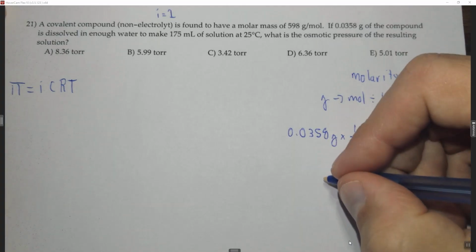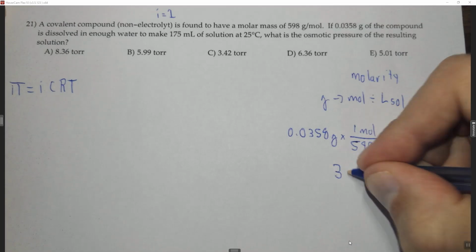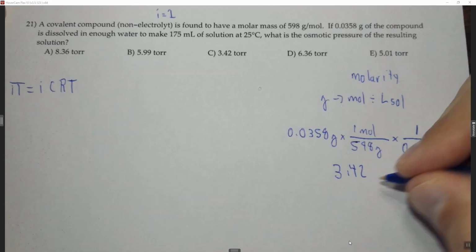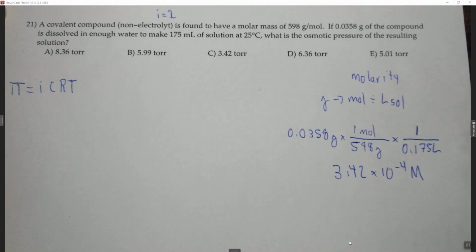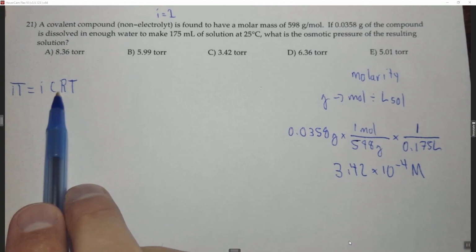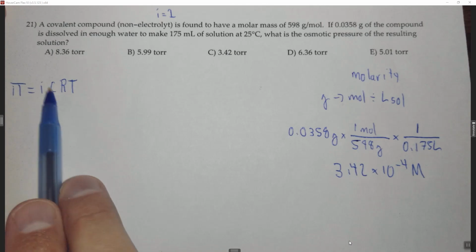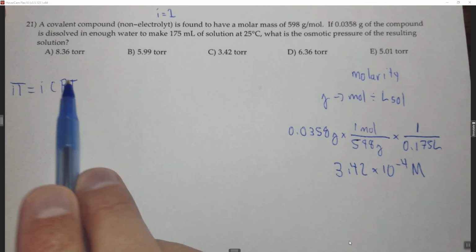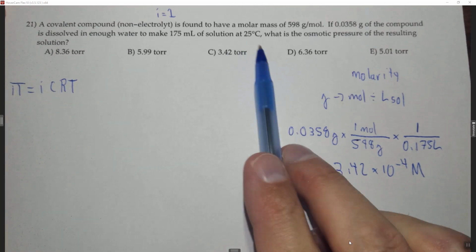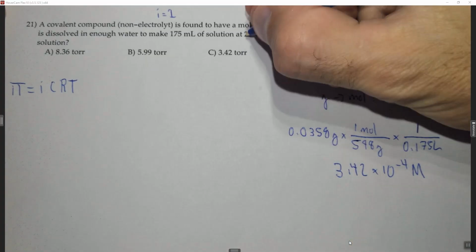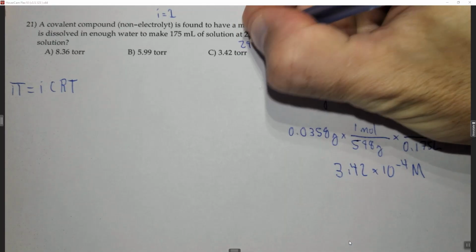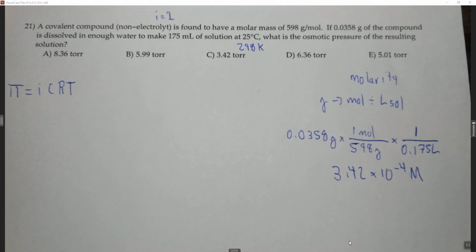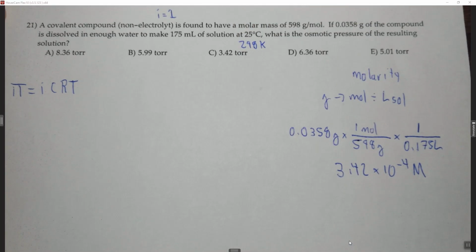When you do that math, you find that this is a 3.42 times 10 to the minus 4 molar solution. So we have i, we have C, R is constant. Now we've got to get T. To get T, we take the 25 and add 273, or 273.15 if you like. I'm just going to call this 298 K for our temperature.